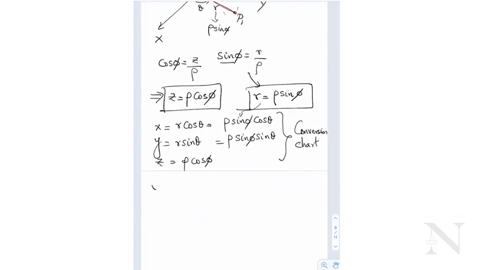And if you do a simple calculation, x square plus y square plus z square, you get rho square sine square phi cosine square theta plus rho square sine square phi sine square theta plus rho square cosine square phi.